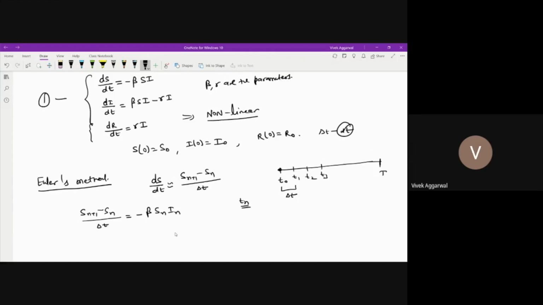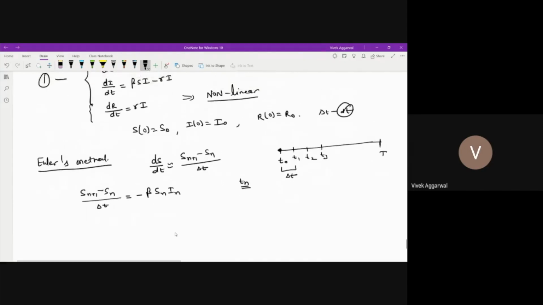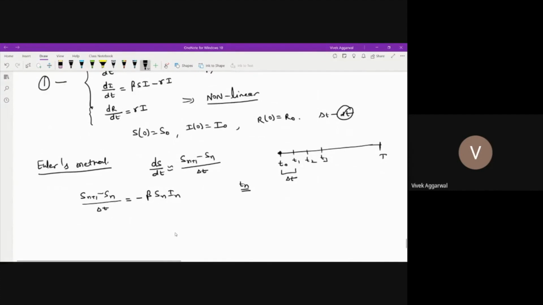From it, I can write Sn plus 1 equals Sn minus delta T beta Sn In. This I can call equation number 2.